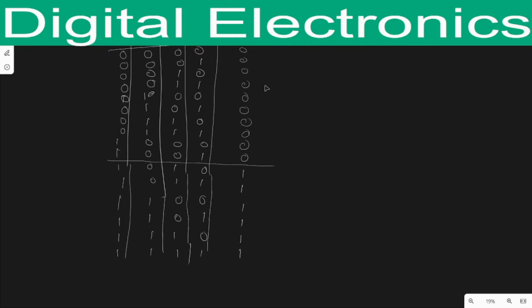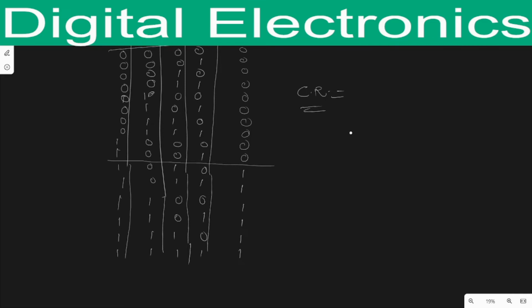So by using this truth table, we can easily find out its equation.